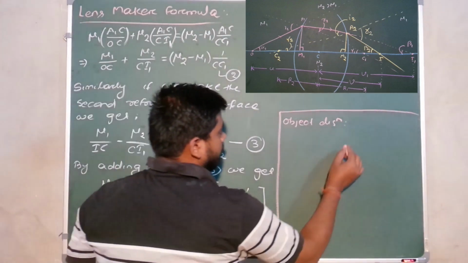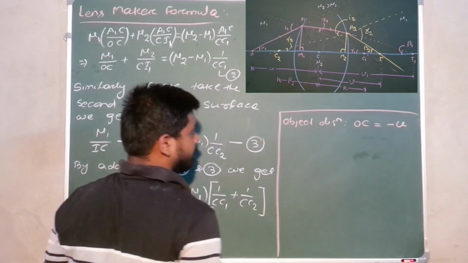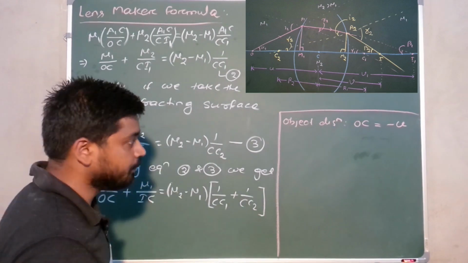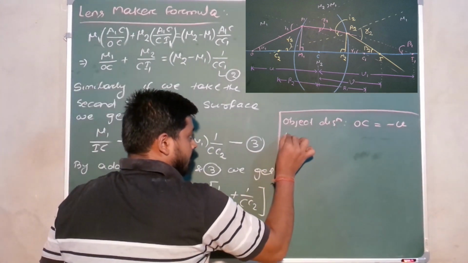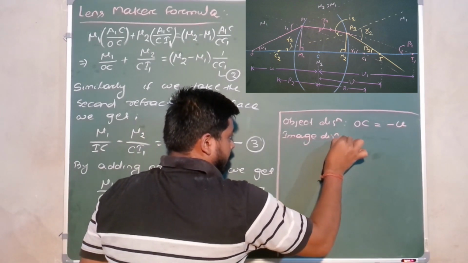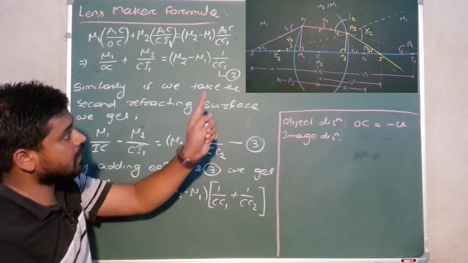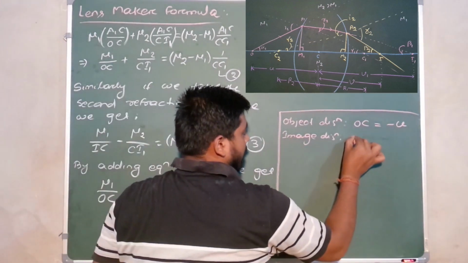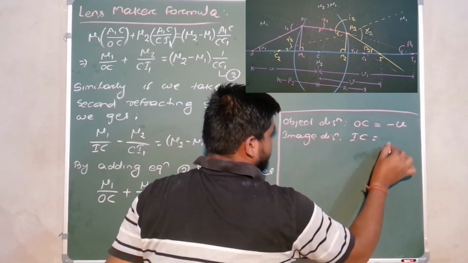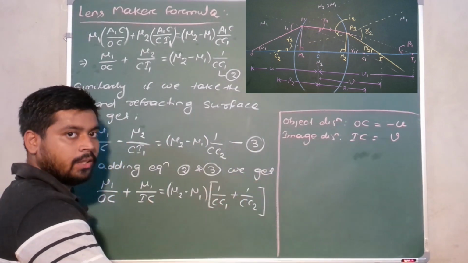Object distance is OC. Here OC is negative as it is left to the optical center. Yes or no? Then image distance. Image distance is, just see the ray diagram, CI. Yes or no? Here I write IC. So write down IC. IC is plus v. Yes or no? Positive v. Right side to the optical center.